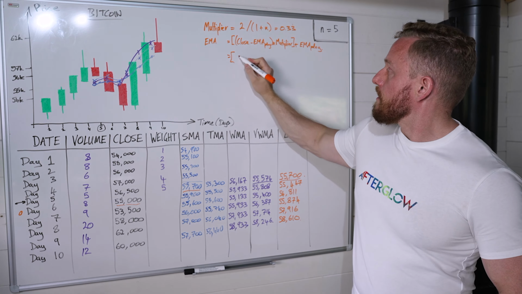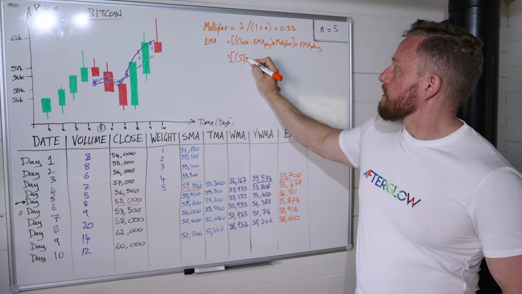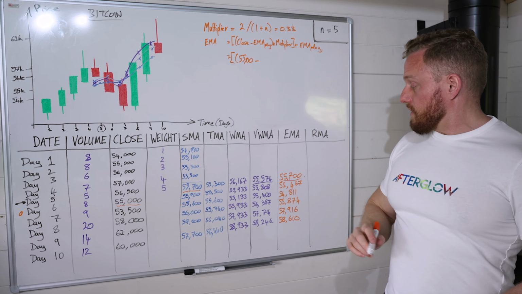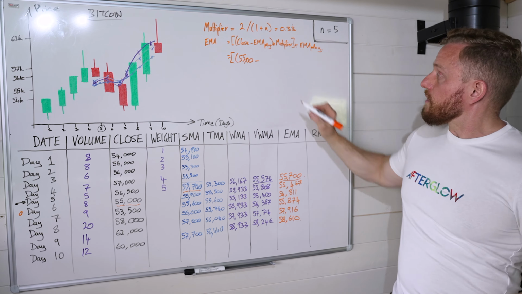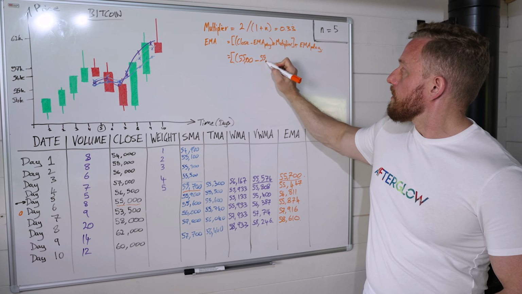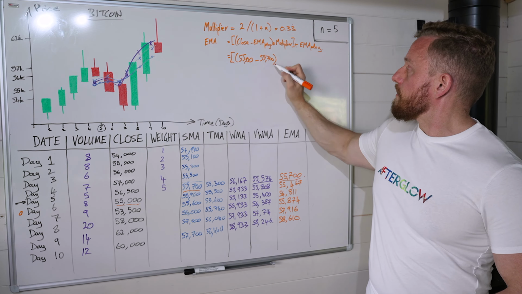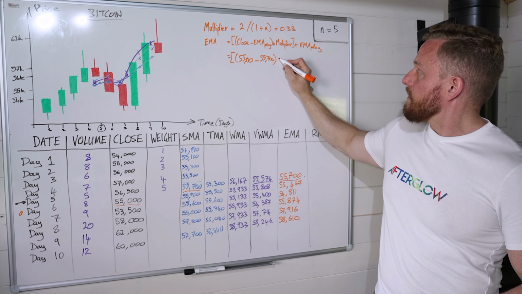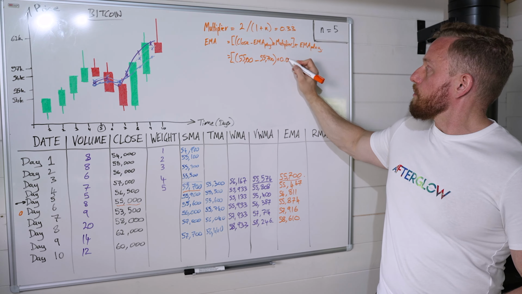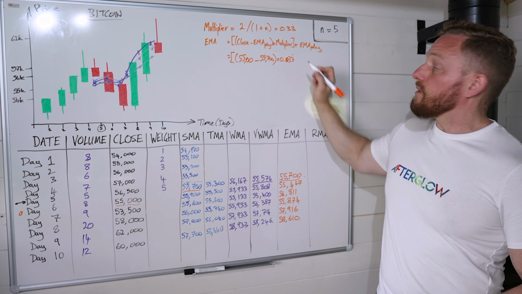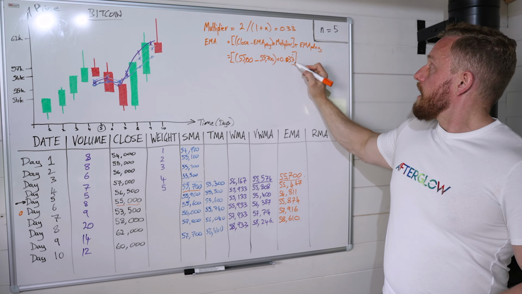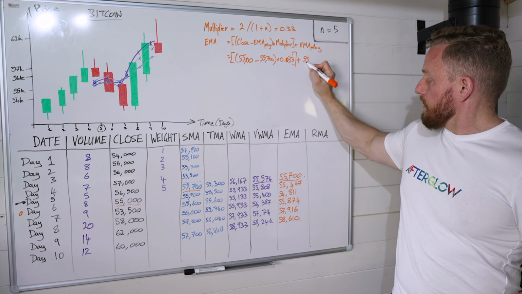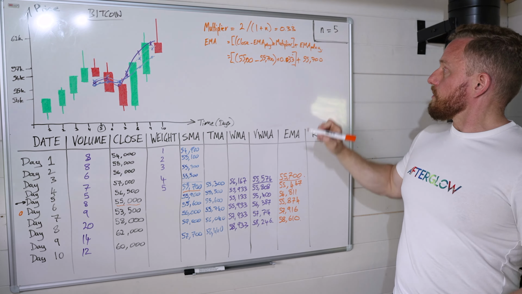55,000. 55,000 minus the EMA on the previous day, which is 55,700, multiplied by our multiplier factor, 0.33 recurring, plus the EMA on the previous day, 55,700.